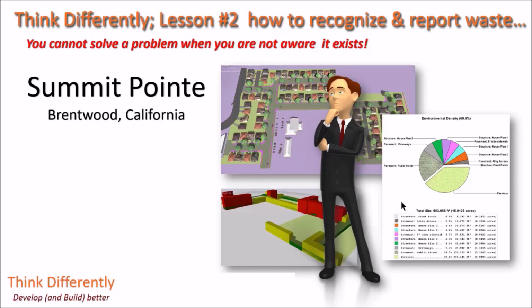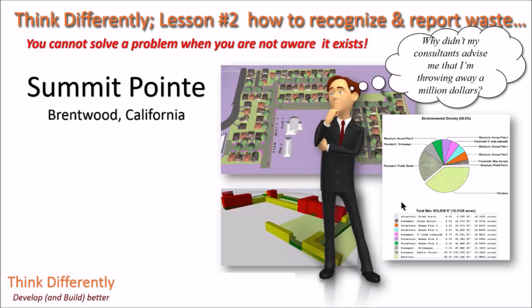Now, the developer, probably for the first time, realizes all of this analysis from the city reporting back to the planning commission and council, the city being you guys, you students, using LandMentor and what you have learned to report this back to the developer, he's going to think, wait a second. Why didn't the consultants tell me I'm throwing away $1 million?